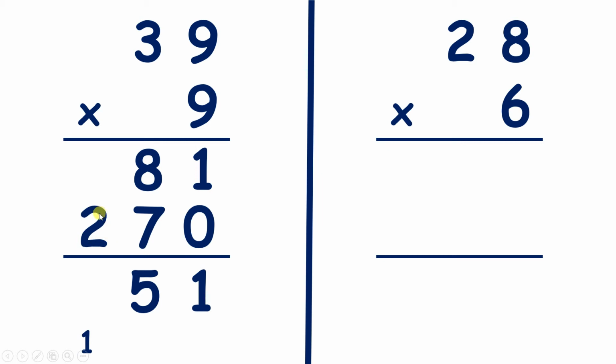Now we have 2 hundreds plus the 100 that we made from adding our tens, so we have 3 hundreds. So our answer is 351.